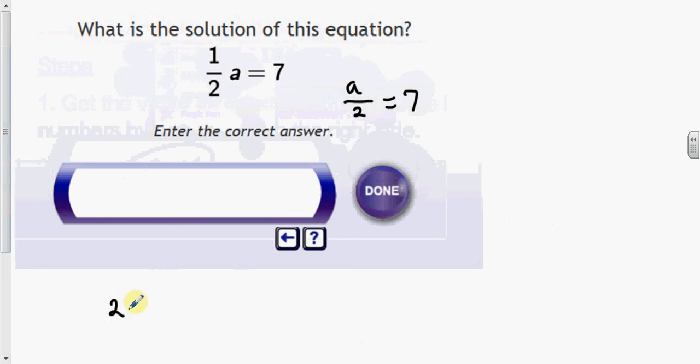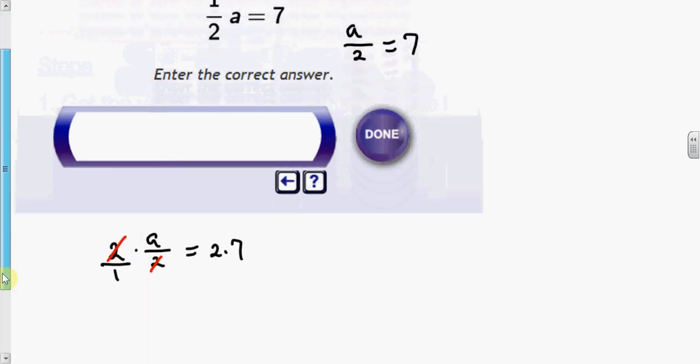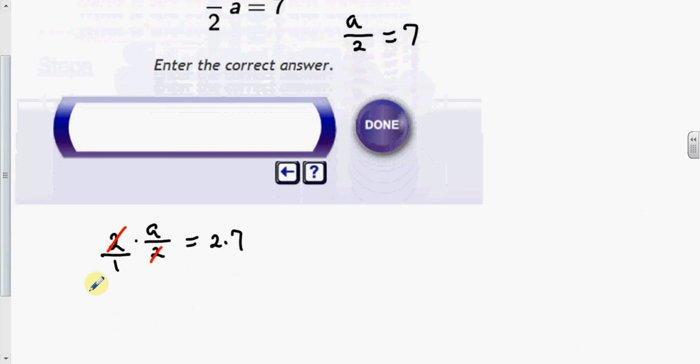So this is 2 times a over 2 is equal to 2 times 7. You can look at this 2 here as being 2 over 1, if you will. Well, 2 divided by 2 cancels. That's the whole idea, to cancel the 2 on the left side. So I have a divided by 1, which is just a is equal to 14.